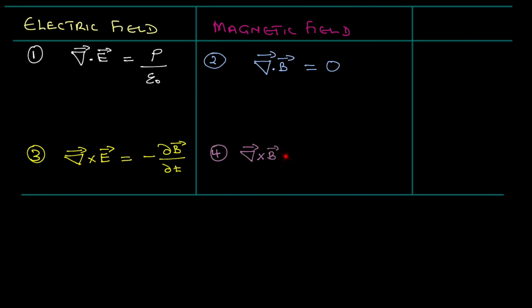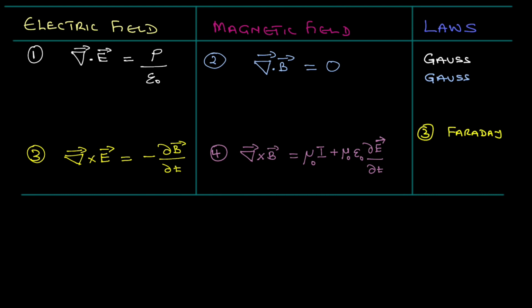And the curl of magnetic field will be equal to the current plus the change in electric field. So the laws are Gauss for the first one, and Gauss again for the divergence of magnetic field, and Faraday for electromagnetic induction, and Ampere-Maxwell law.